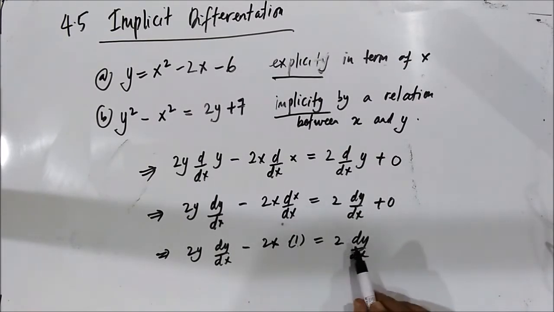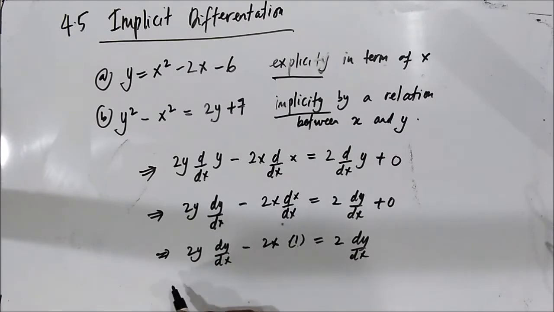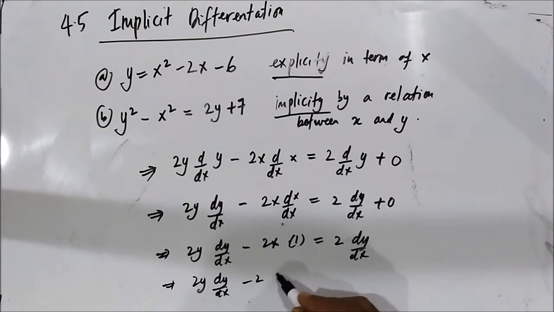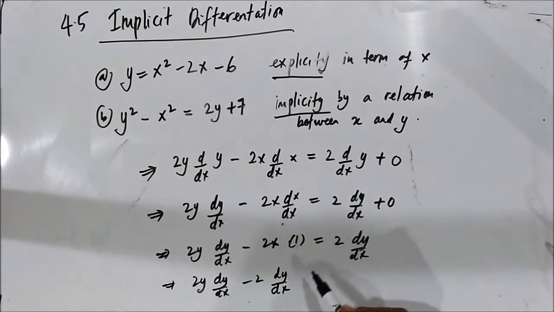So we have a common factor here, dy/dx. You bring the 2 dy/dx to the left, so you have minus 2 dy/dx, and the 2x you bring to the right, you get plus 2x.